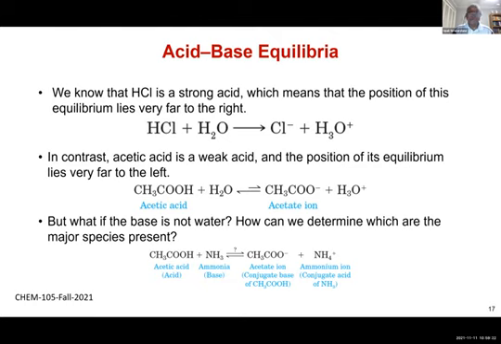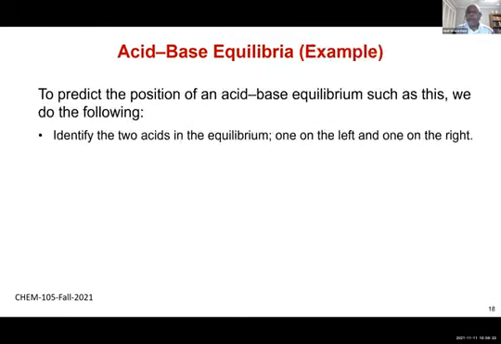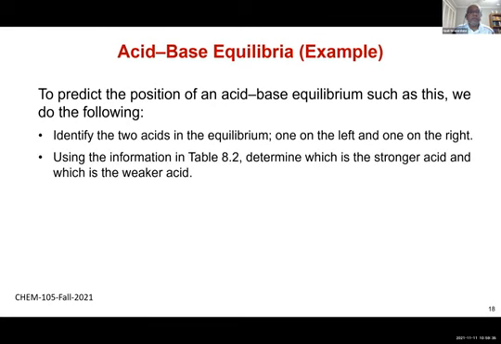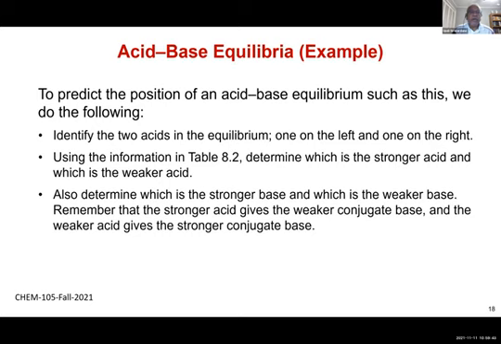To predict the position of acid-base equilibrium such as this, the last one, we do the following. Identify the two acids in equilibrium, one on the left and one on the right, using the information in table 8.2, which is the stronger acid and which is the weaker acid, and determine which is the stronger base and which is the weaker base.